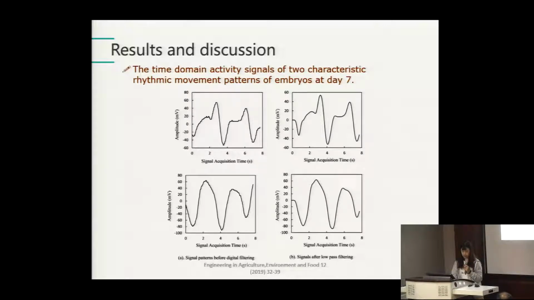And in days 6 to 8, body movement is characterized by a periodic signal with frequency between 0.3 to 0.8 Hz. In the later stage of incubation, it is characterized by irregular movement at a lower frequency.